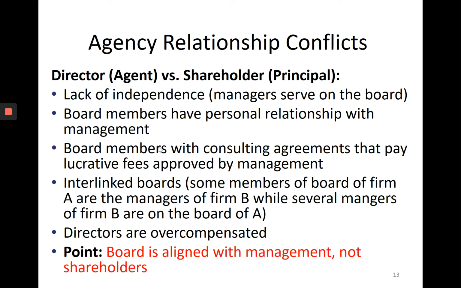Board members might be tied to the managers with lucrative consulting agreements that pay some side benefits. Therefore, they don't want to lose these consulting agreements and they do what managers ask. And again, there will be a conflict of interest between shareholders and board members.